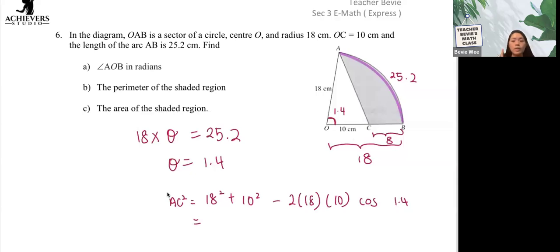Make sure it is in radian mode. You get AC, it's 19.04762. Did y'all get that?